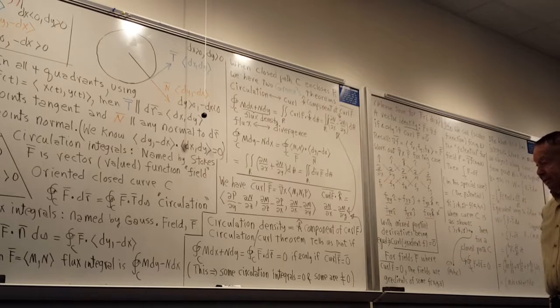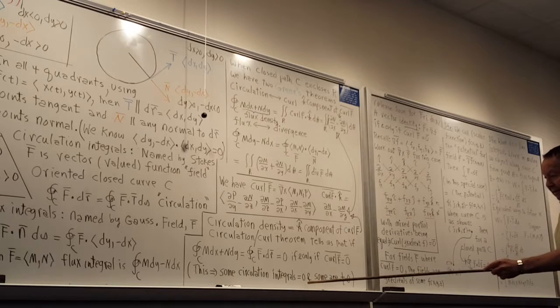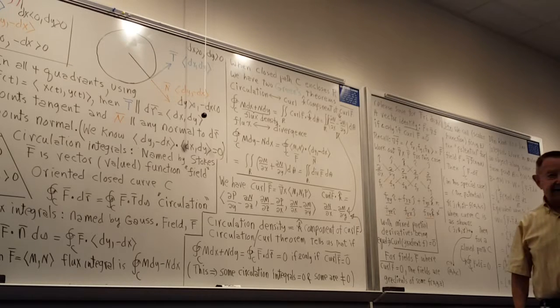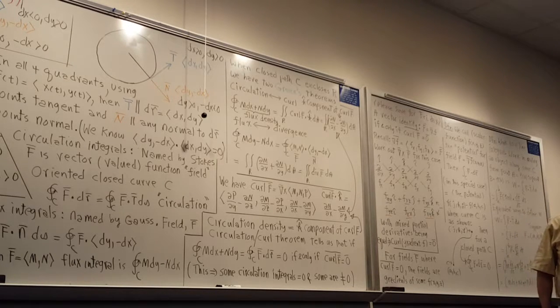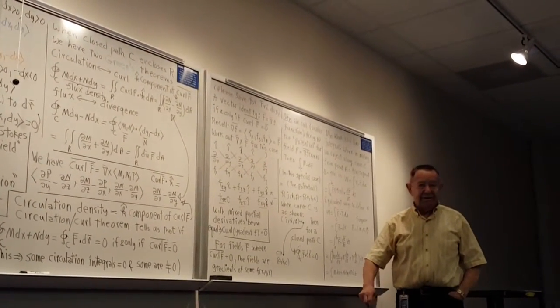So that says sometimes circulation integrals, the integral around the closed path as a line integral, will be zero, and some are not. So that gives us a test, which we'll work with next week on Thursday in section 16.3, for when a field will have a zero circulation, as Stokes called it, line integral around the closed path. It will if and only if the curl is zero. So you can test a field and know about that.